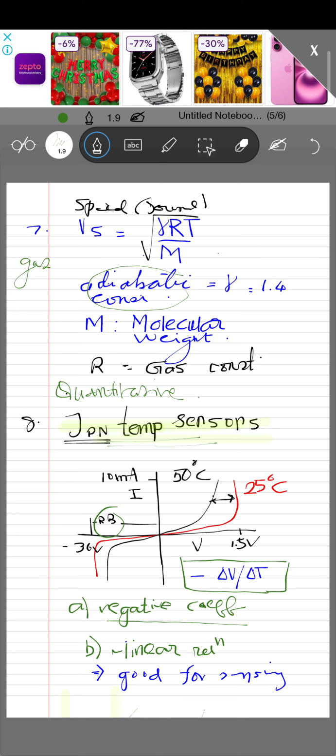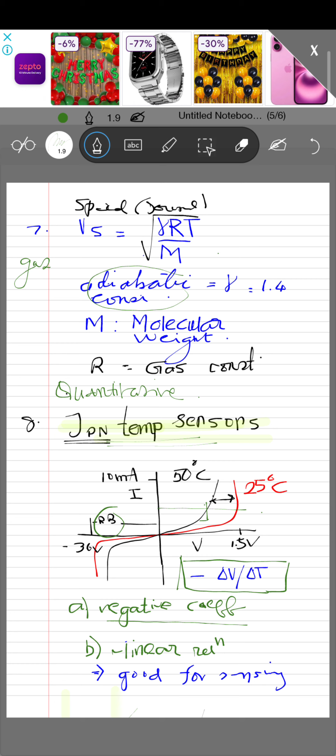You can see there are two temperatures taken. As you increase the voltage, this temperature coefficient value, the slope value, actually reduces. This is more active in the forward bias junction. In the reverse bias junction, it is quite constant.